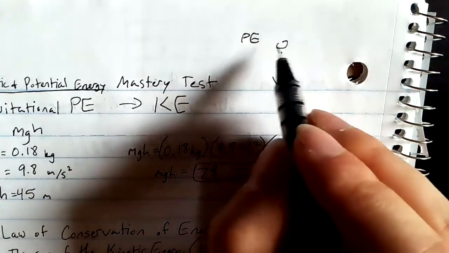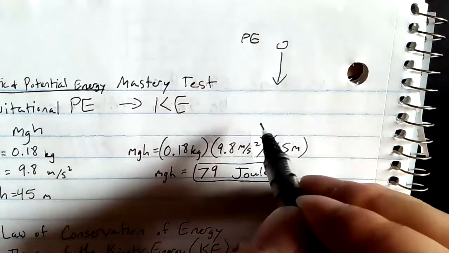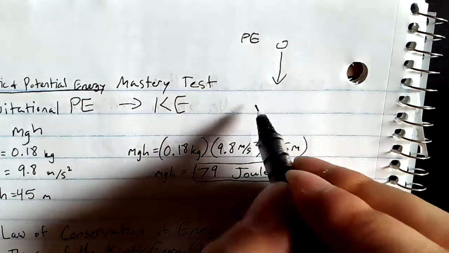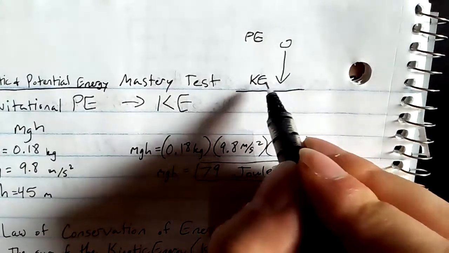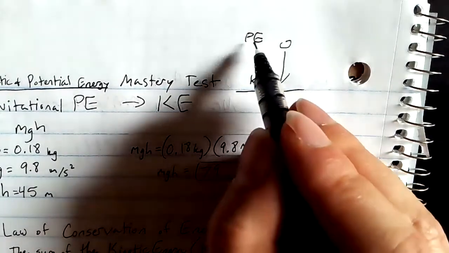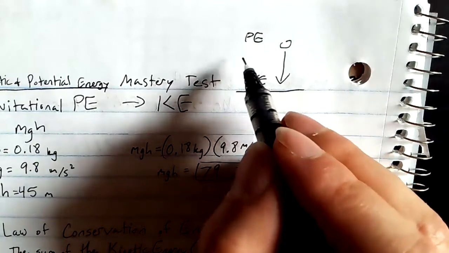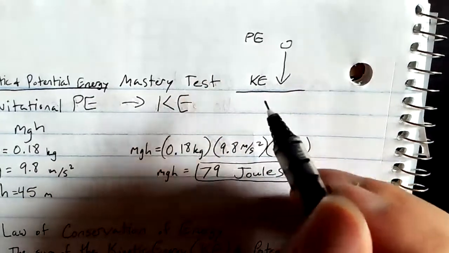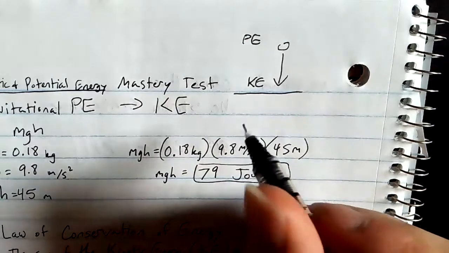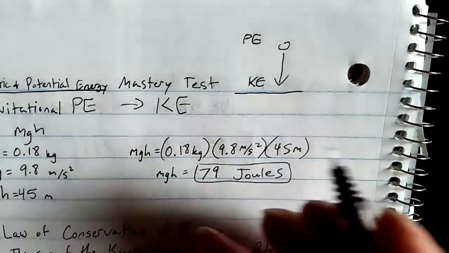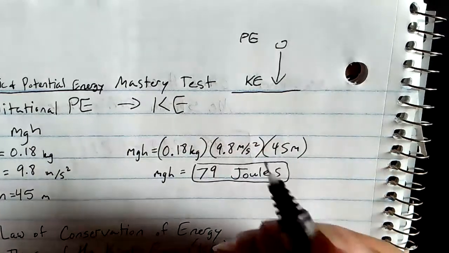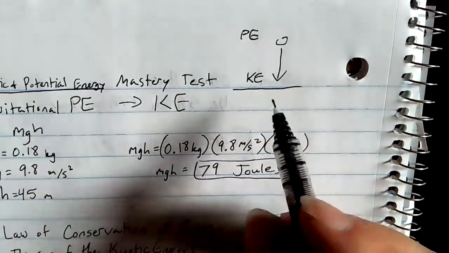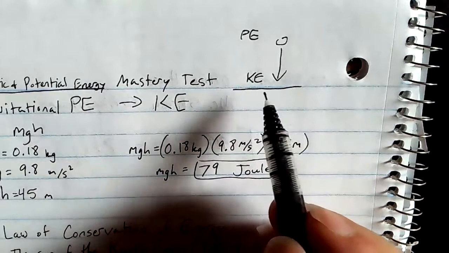Once you release it and it begins to move and accelerate towards the ground, it gains kinetic energy. That potential energy is transformed into kinetic energy. And it wants us to calculate the value of the kinetic energy gained by the bob once it hits the ground.